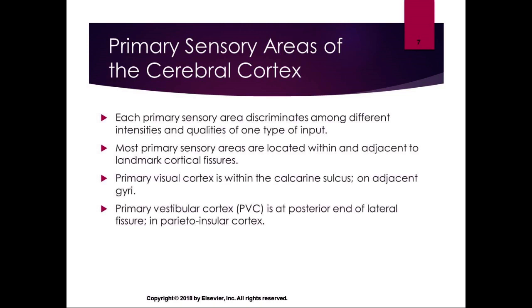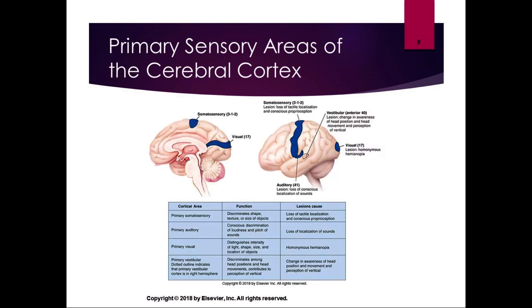The primary vestibular cortex is at the posterior end of the lateral fissure in the parietal insular cortex. And the primary somatosensory cortex is just posterior to the central sulcus of the brain in the anterior part of the parietal lobe. So this is a depiction from the book of those individual cortices.